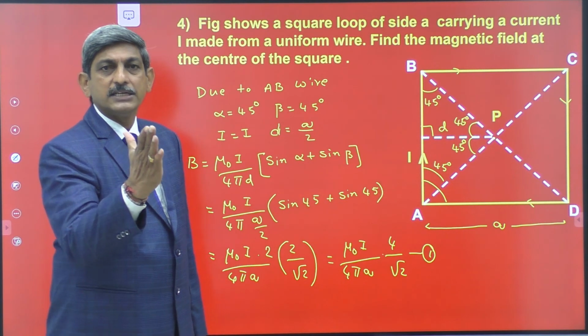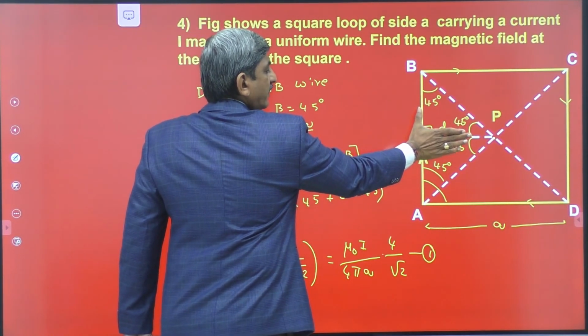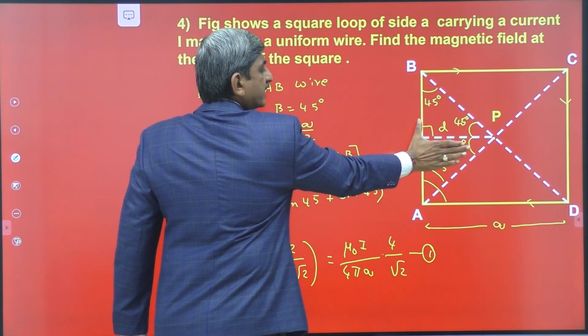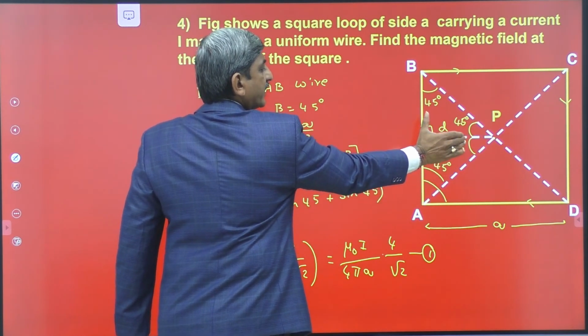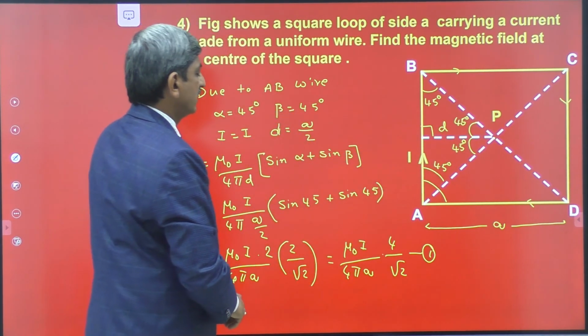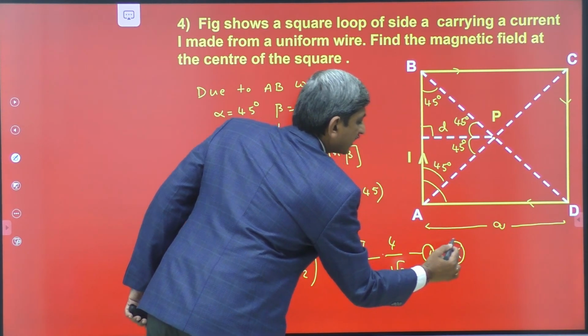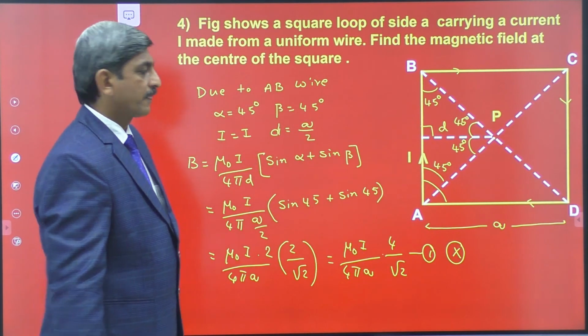Again, by using the right hand palm rule, open the thumb in the direction of the current and curl the fingers, the curling fingers entering into the board. That's why this magnetic field is acting perpendicular to the board and entering into the board.